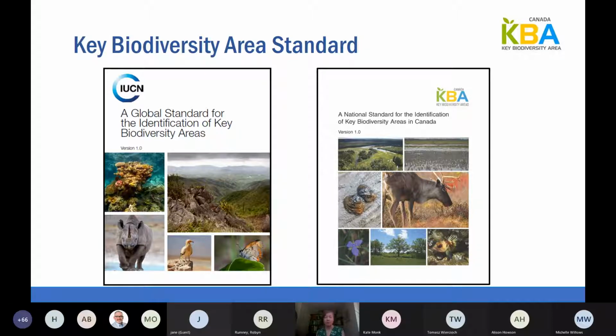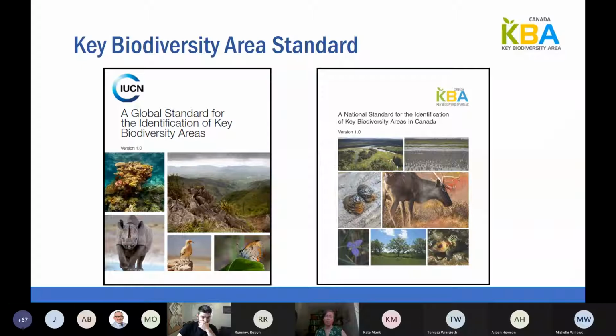So, for example, the global standard, which we still use in conjunction with the national standard, is able to capture only full species. So you can identify a site for a threatened species or a rare or endemic species, but not subspecies or populations. The national standard does allow us to look at infraspecies.